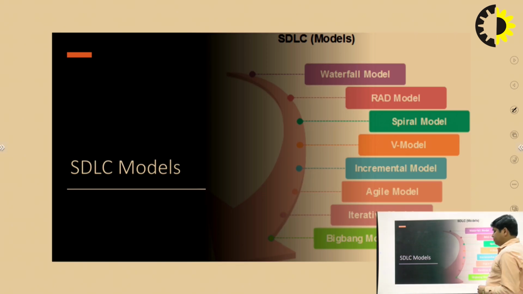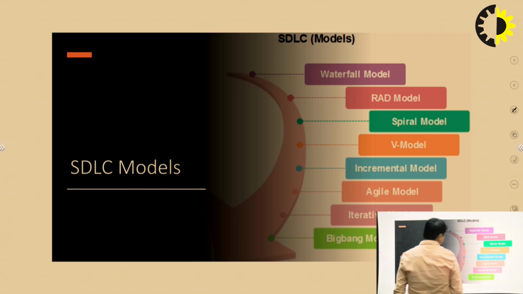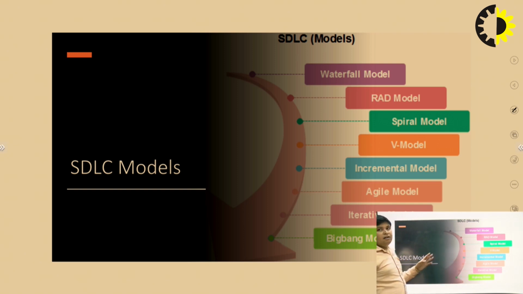It means whatever you are going to develop, your software project will pass through all these phases. These are some well-known software models like waterfall model, RAD model, spiral model, V model, incremental model, agile model, iterative model, and the last one is Big Bang model. Let us discuss all these models one by one.